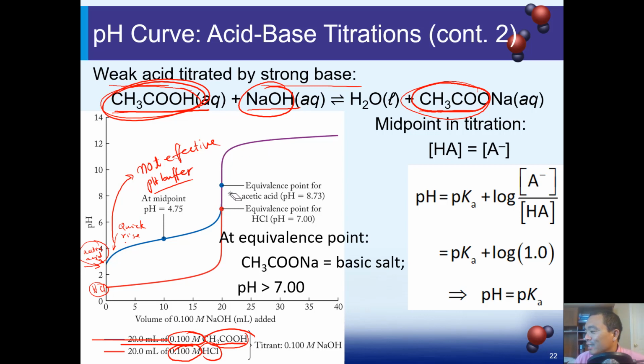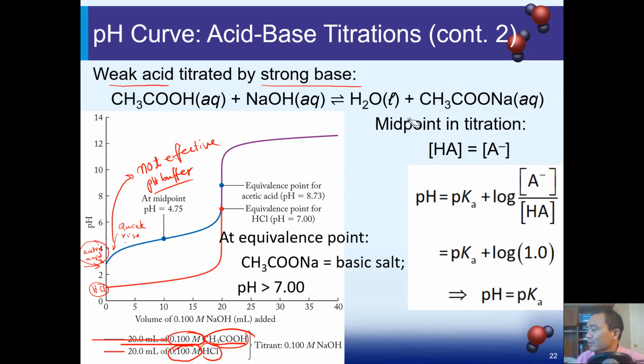At the equivalence point, when you have the same amount of NaOH as that of the weak acid, the equivalence point will have a pH greater than 7 because you generate a basic salt.